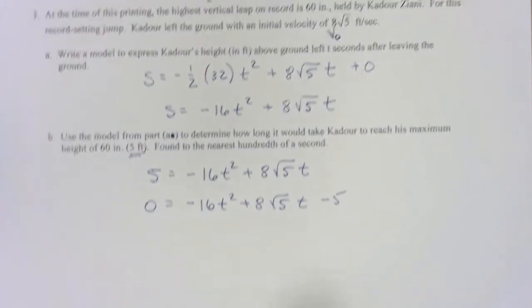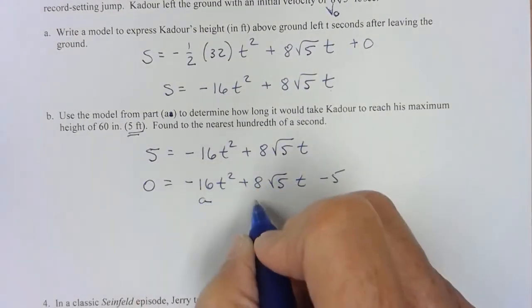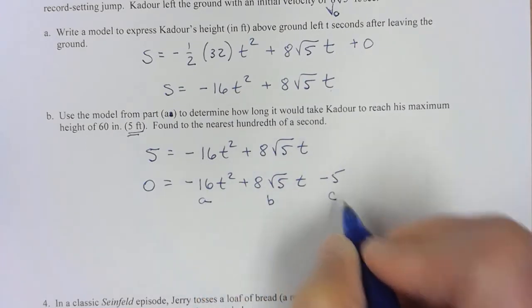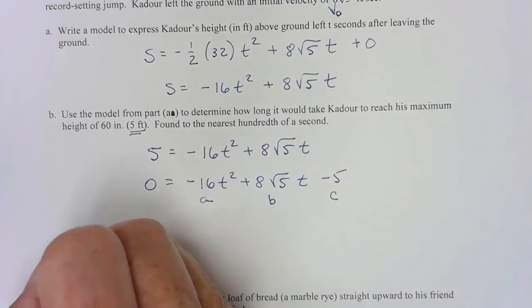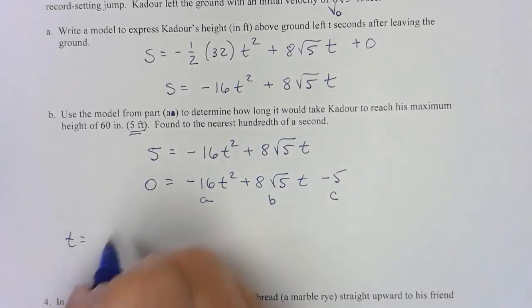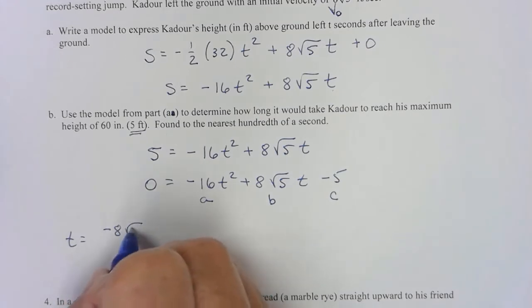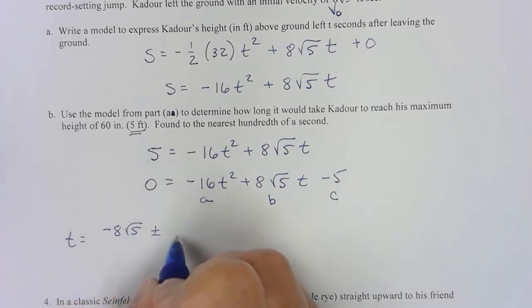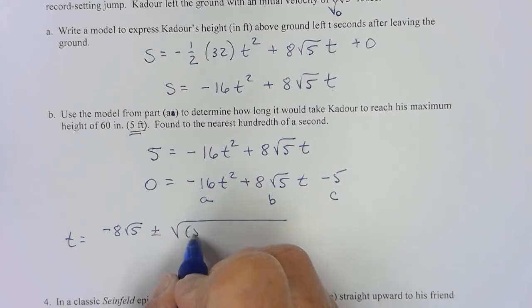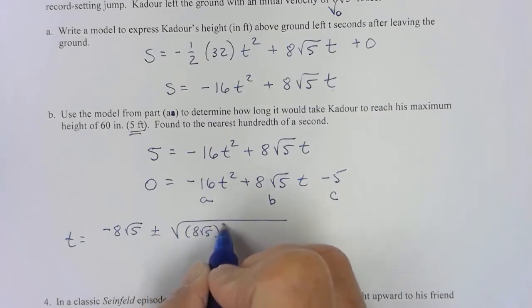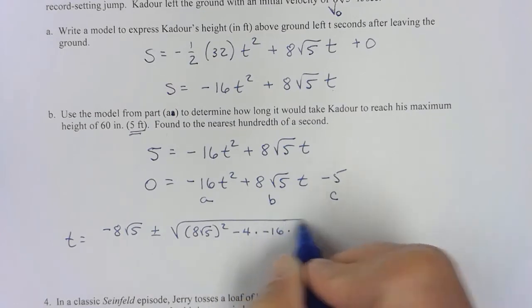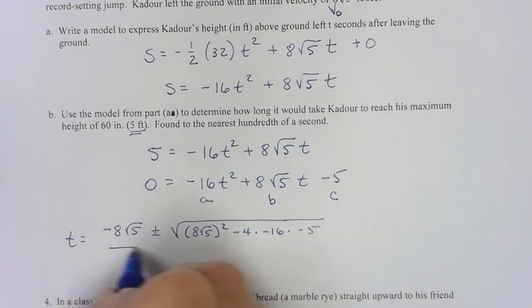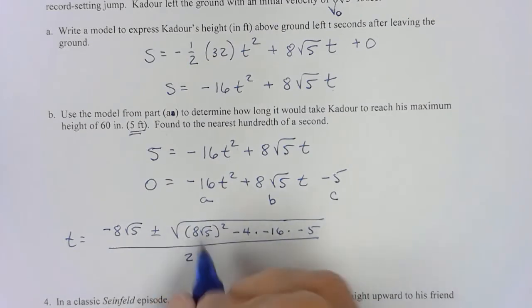And like earlier, I'm going to use the quadratic formula. So this is my a, my b, and my c. So instead of x, I'm going to put t is equal to negative b plus or minus square root of b squared minus 4 times a times c, all over 2 times a.